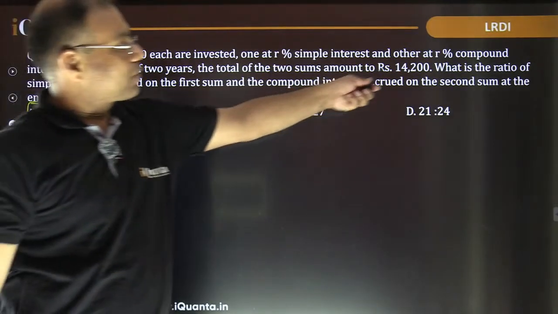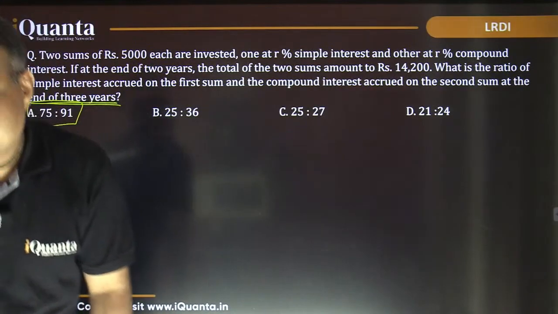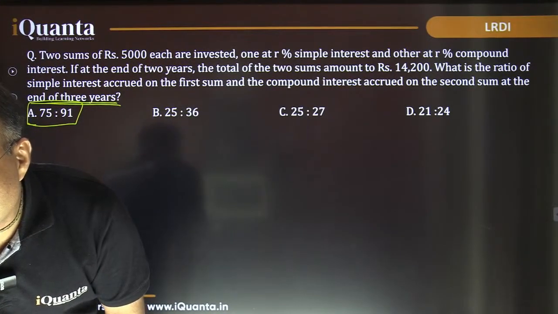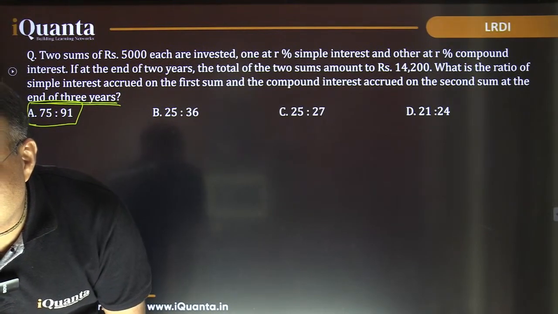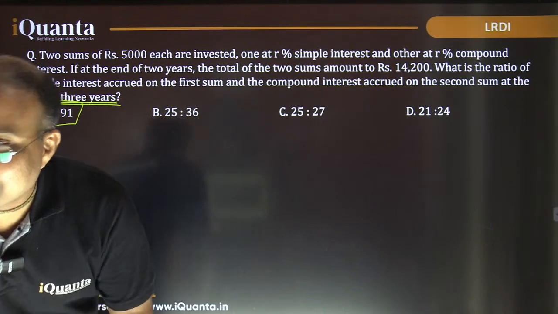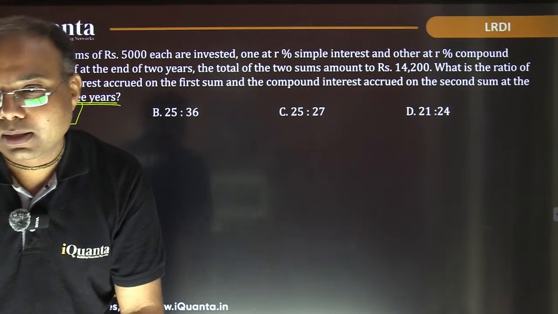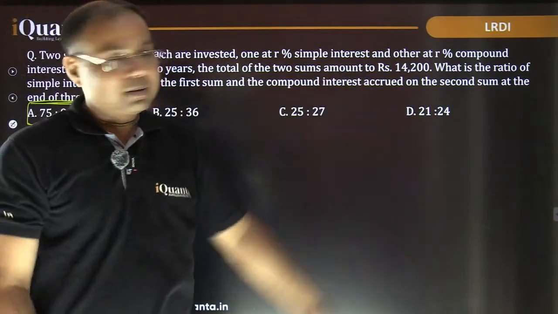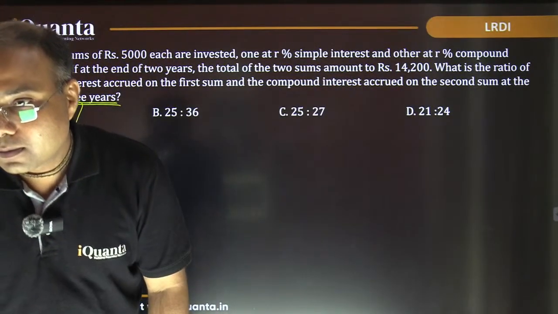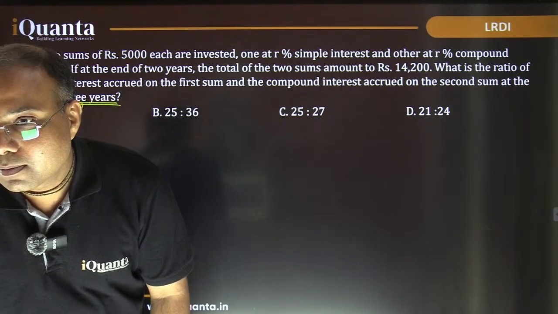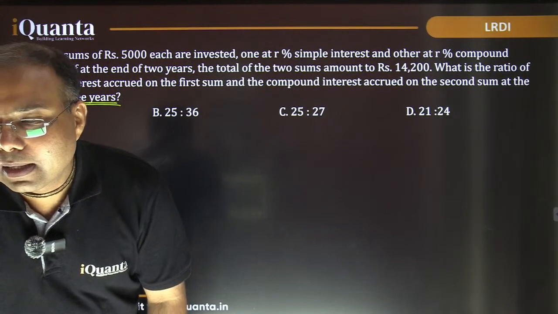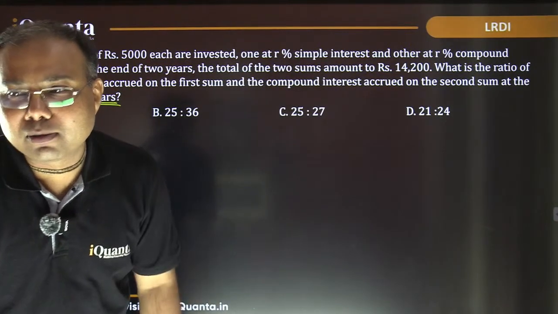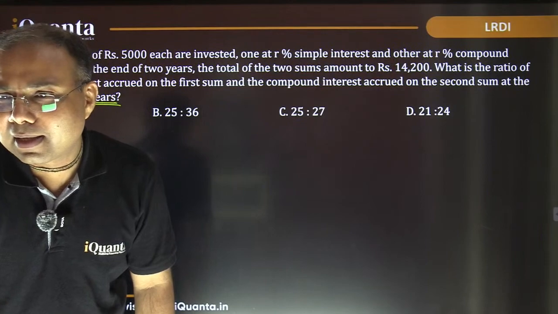Total sum we know it is 14,200. Tabish, there is a trick to get the difference between SI and CI for 3 years. That's fine, that everyone knows, Tabish. But right now sum is given. गुंजन अग्रवाल, ऐसा तो नहीं है पहले सवाल की हुई हो, आंसर याद था, ऐसा क्या?